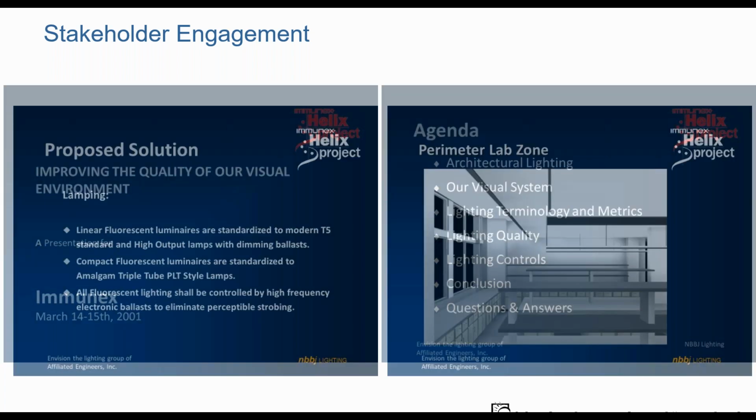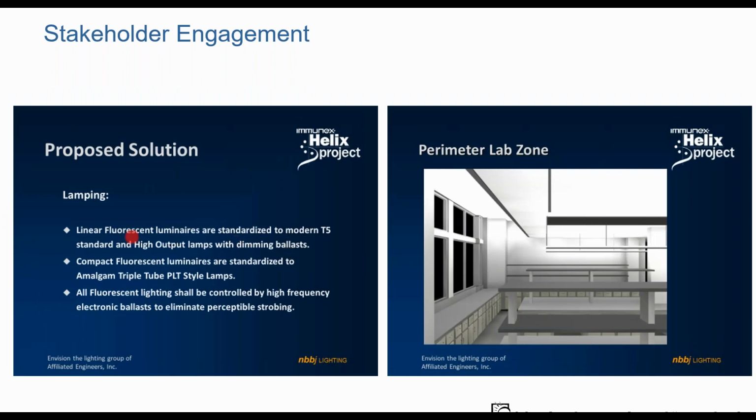Here are a couple of other things. All fluorescent luminaires, high output lamps with dimming ballasts, right? So we had dimming ballasts all over the place. Now, ultimately, we didn't wind up getting this fully the way we expected.